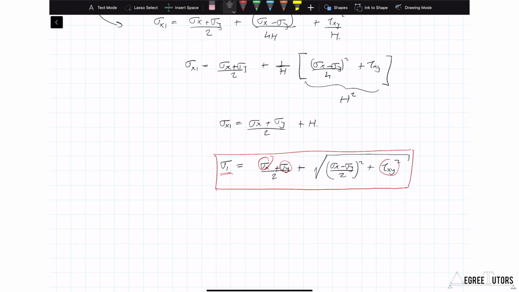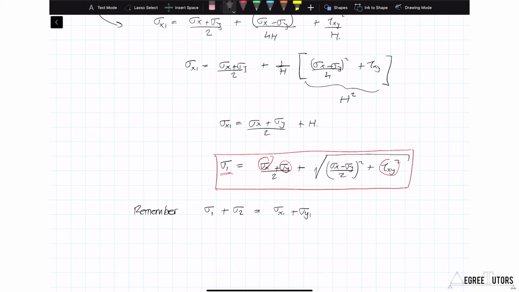Now, we can use this other fact that we've observed, which was that the sum of the stresses on mutually perpendicular planes is constant. So we can say sigma 1, the guy we just worked out, plus sigma 2, which is the second principal stress, which is obviously going to be the minimum value now, which we're going to try and find, must be equal to some value sigma x1 plus some other value sigma y1.